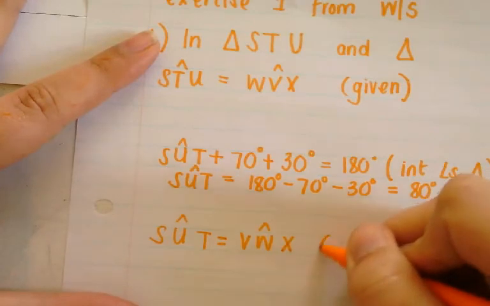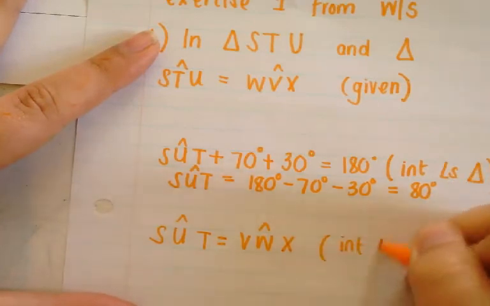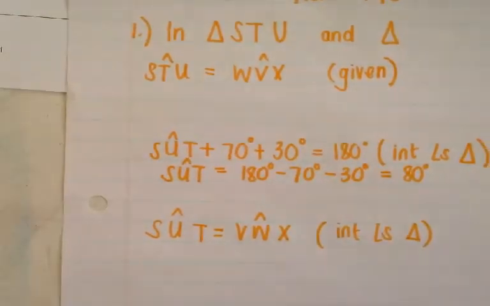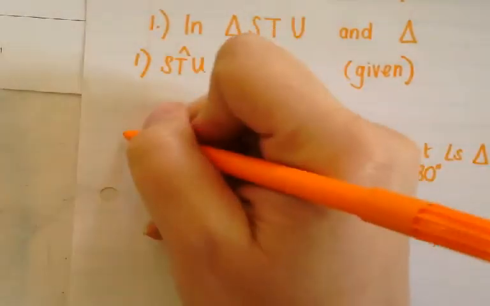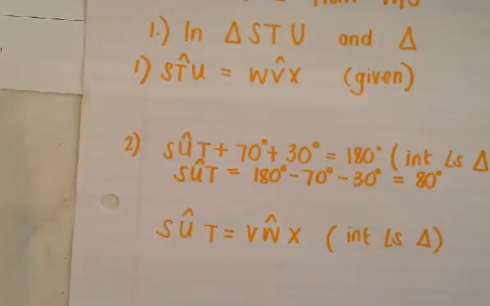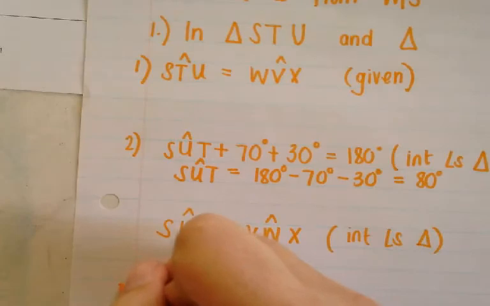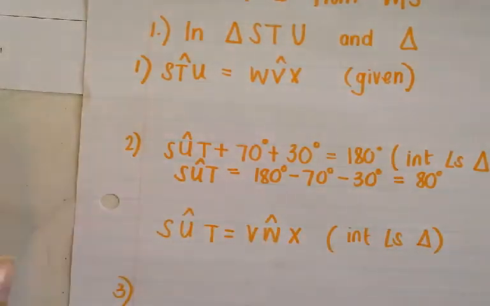But now that's not given. We use the fact that it was the interior angles of a triangle. So there's my first statement. We had to calculate to get my second statement. I'm going to have to calculate again to get my third statement.